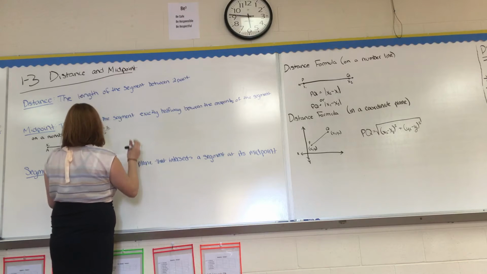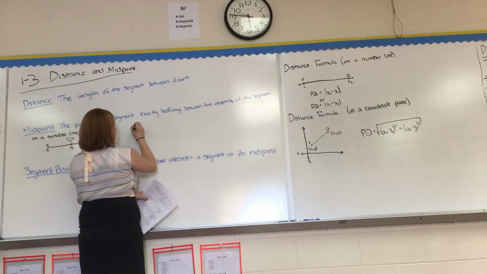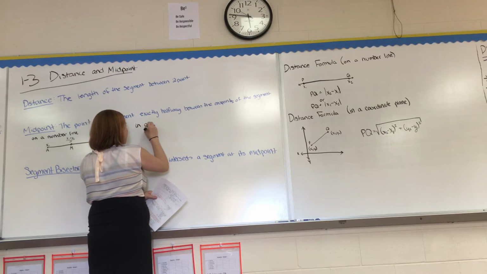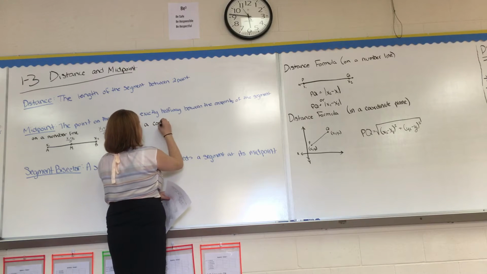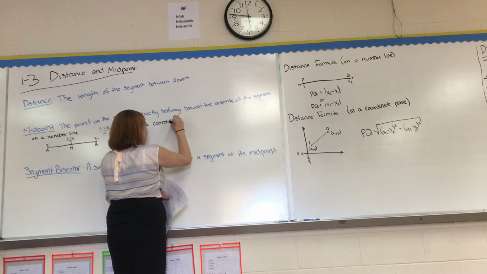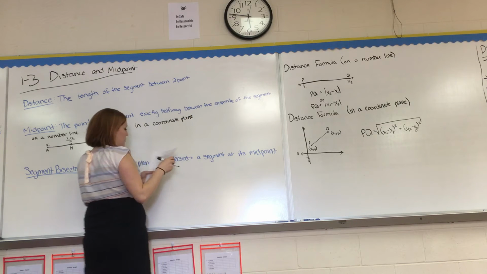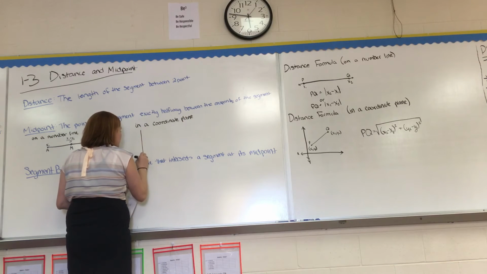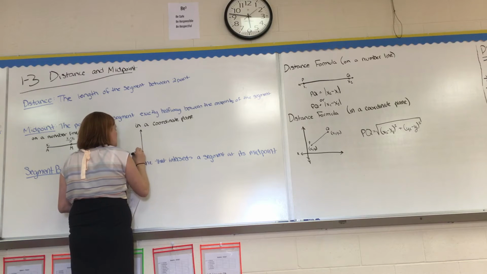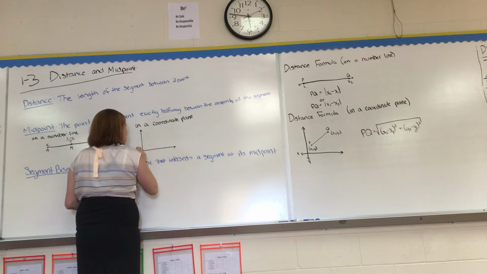Now we want the midpoint formula in a coordinate plane. Just like the distance formula, we did it on a number line, and now we are doing it in a coordinate plane. So let's draw this out again. Remember, we want labels, x, y.